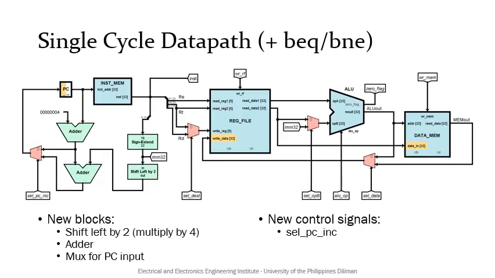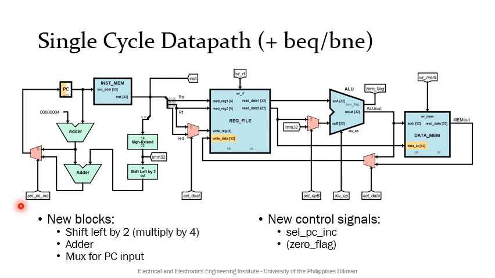The new blocks added to support BEQ and BNE instructions are on the left: a shift left by 2 block which performs multiplication by 4, another adder, and another multiplexer to select between PC plus 4 and the branch target address. A new control signal for the MUX is also added, and we labeled it as sel PC INC to denote select PC increment.